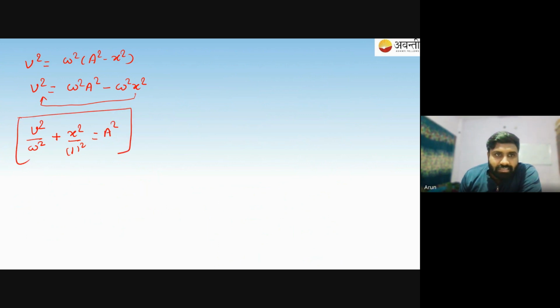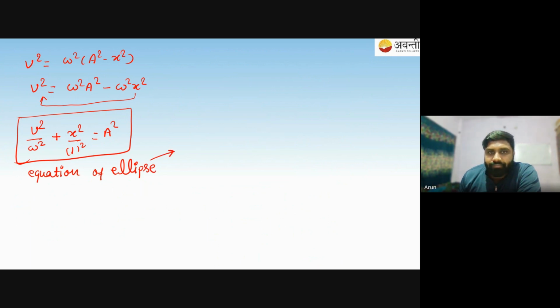Now this is the equation of an ellipse. And how does an ellipse look like? You know, an ellipse looks like this, an oval shape. So the variation of velocity with displacement from mean position will be in the form of an ellipse.